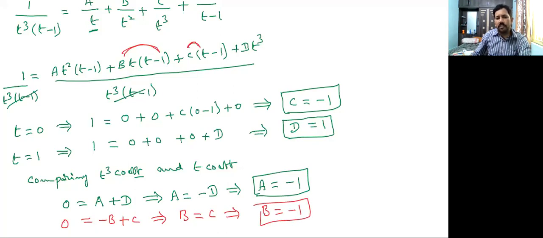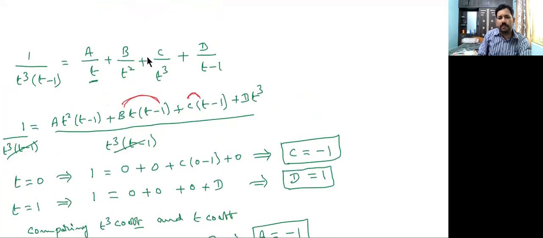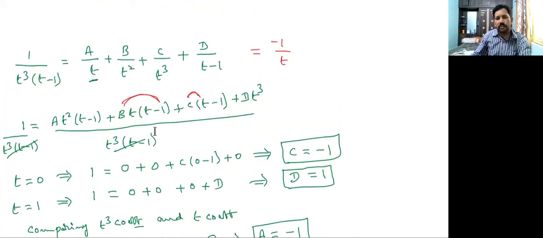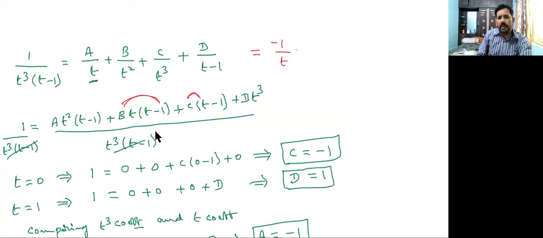These values substitute here. The A value is −1, so −1/t. The B value is how much? It is also −1, so −1/t^2, −1/t^3, plus 1/(t − 1).